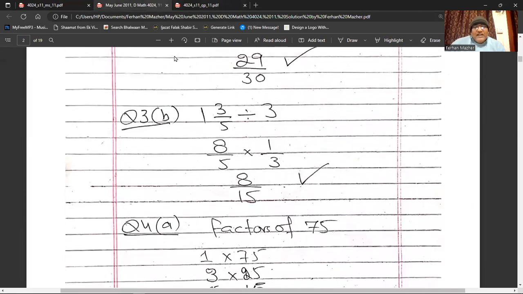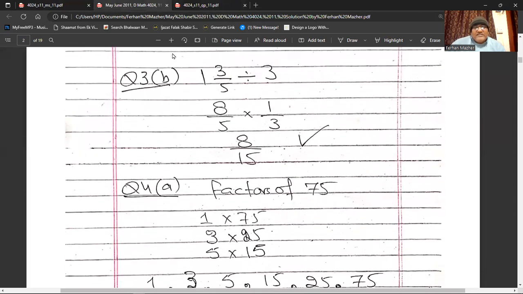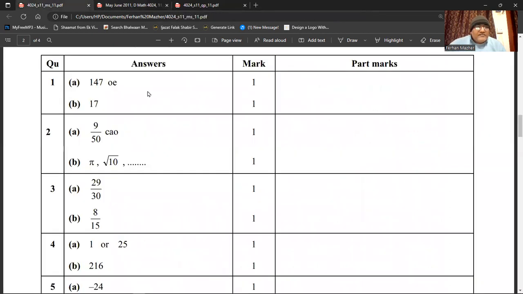When I convert that divide sign into multiplication sign, the fraction 3 by 1 will reciprocate, it will flip. So it will become 8 by 5 multiply 1 by 3. So it will be 8 by 15. So let's check.